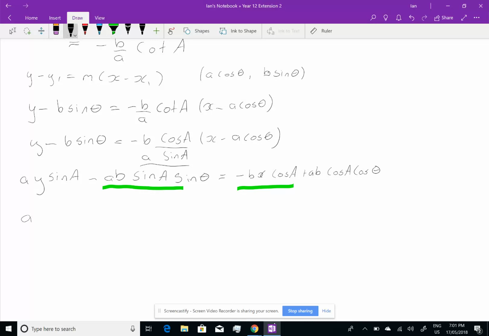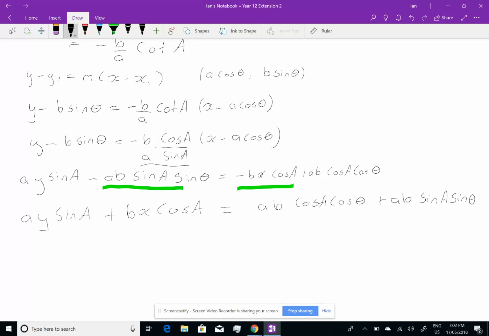So I get ay sine A plus bx cos A equals ab cos A cos theta plus ab sine A sine theta.